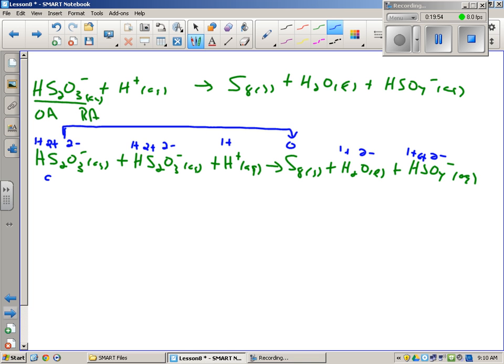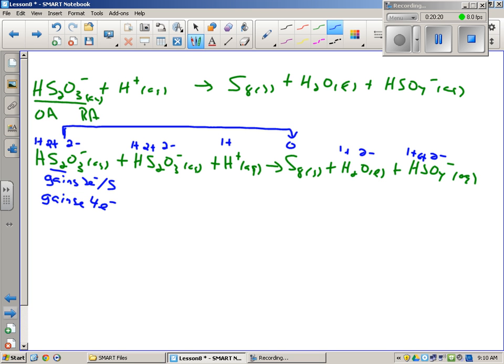This one gains 2 electrons per sulfur, right? Because it's based on per atom again for the 199th time, right? 2 plus to 0, that gains 2 electrons per sulfur. I have 2, so gains 4 electrons in total. Okay?